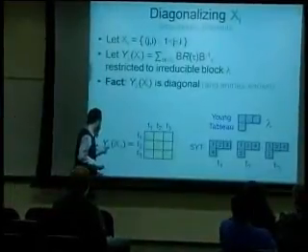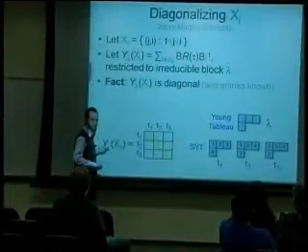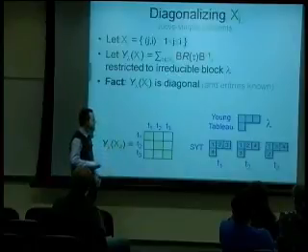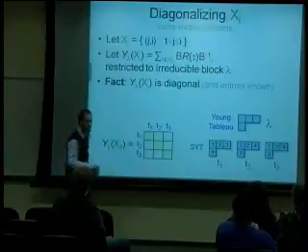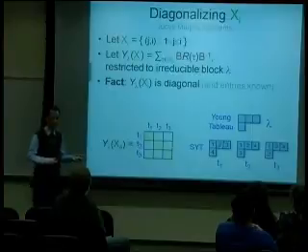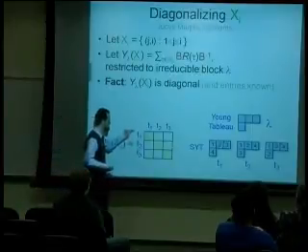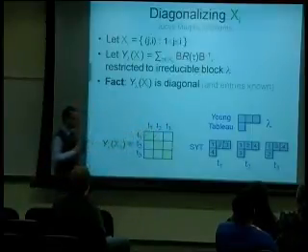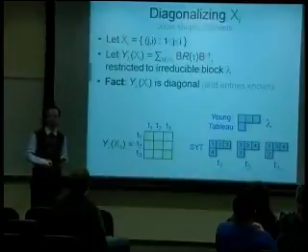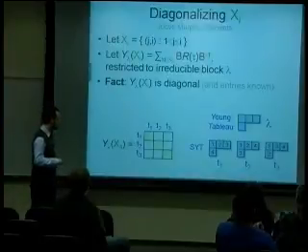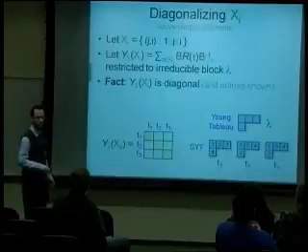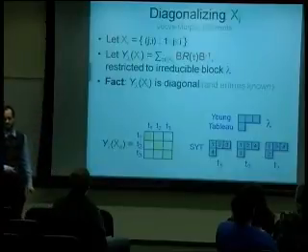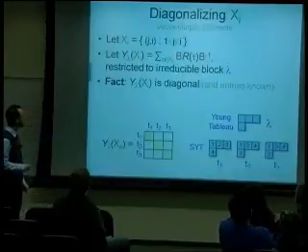If we fix a particular shape lambda, then there are some standard Young tableaux of this shape. And it turns out that the rows and columns of this matrix are indexed by these standard Young tableaux. So there's a row T2 corresponding to standard Young tableau T2, for example.